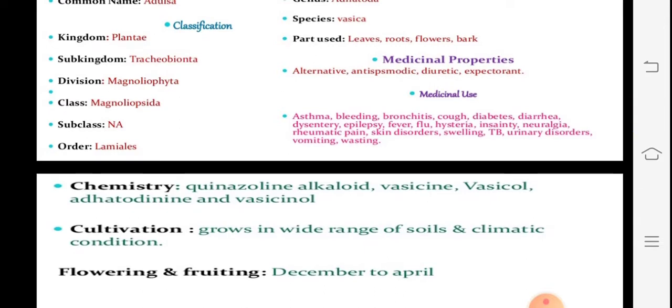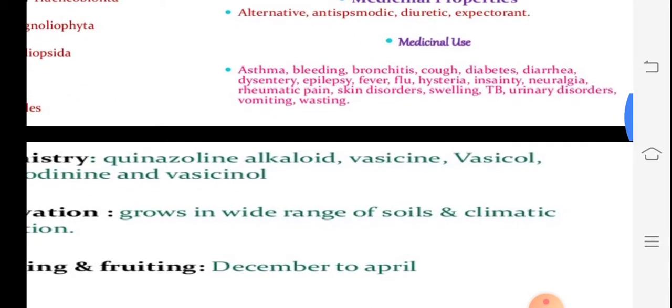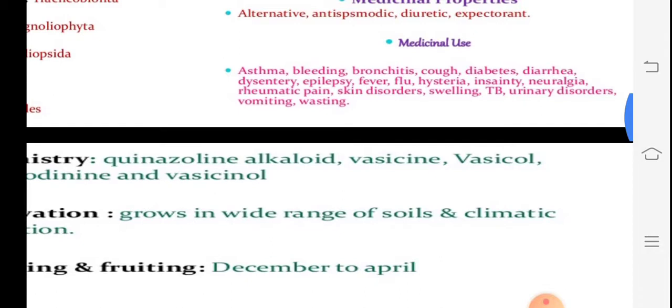Then dysentery due to wrong food material, flu or fever, hysteria, which we call thaska in Marathi. So sudden catching of the breathing is called hysteria. Insanity, the same, like epilepsy, loss of memory or sense. Then neuralgia, which occurs at the central nervous system.